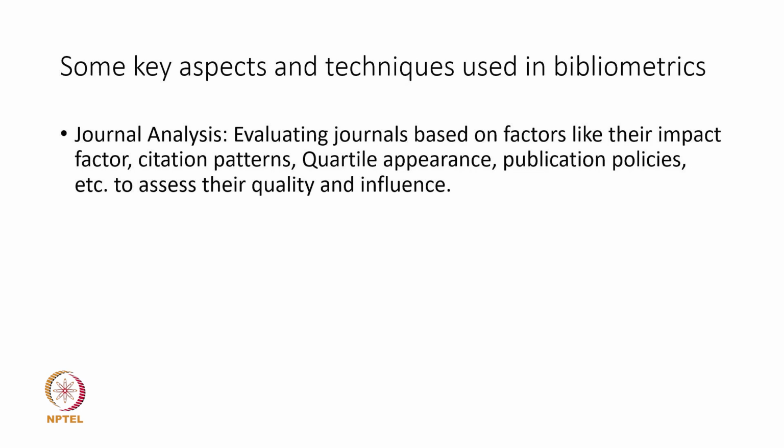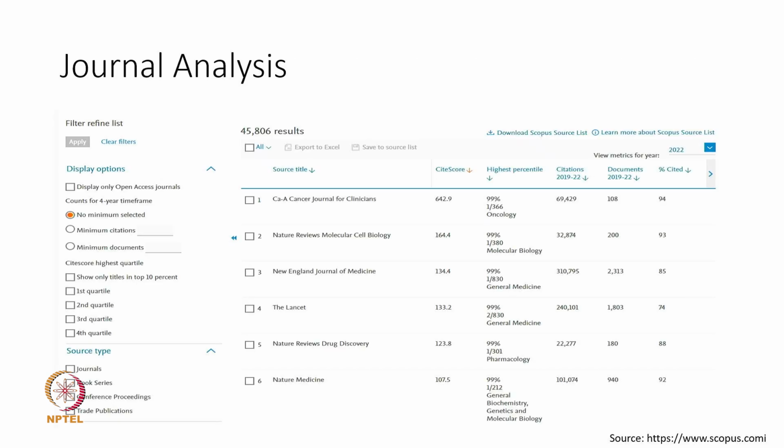Similarly, journal analysis can be done based on the impact factor, citation pattern, in which quartile the journal is, and what the publication policy is. All these are part of bibliometrics.